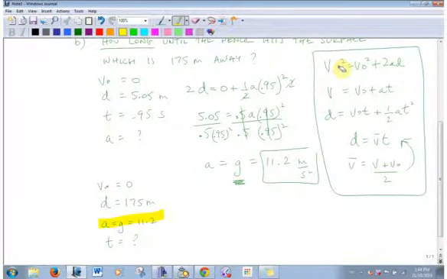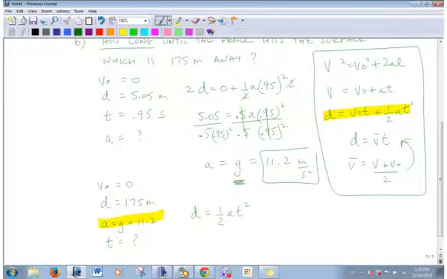Well, what else can we do? There's no formula here. Could I use this guy? Well, I know initial is 0, so can I do this? d is 1/2 a t squared. Sure.